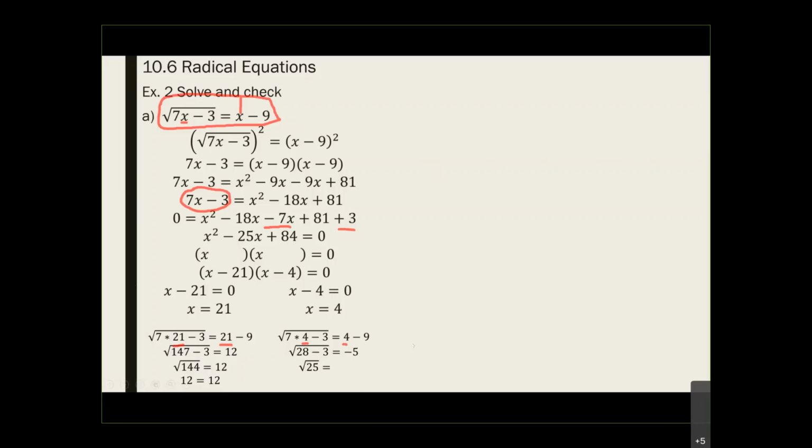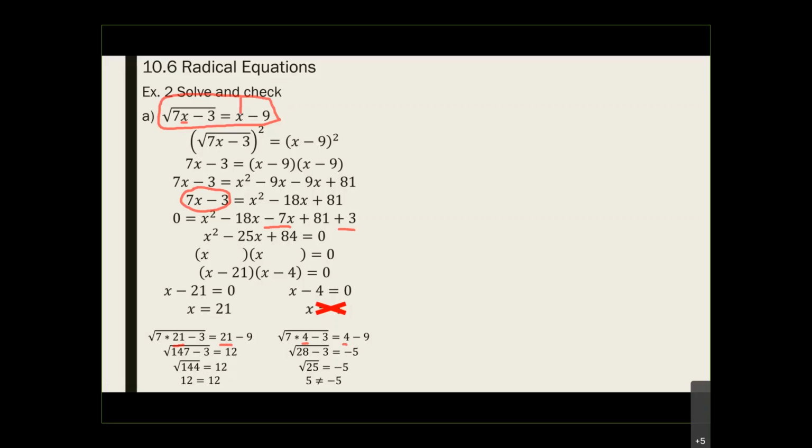The square root of 25 is equal to 5, but on this side, 4 minus 9 gives me negative 5. 5 is not equal to negative 5. Because 5 is not equal to negative 5, we cannot use the 4 as your answer, because when you plug in 4, the two sides are not equal to each other.